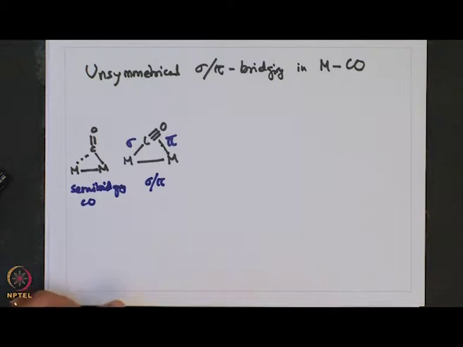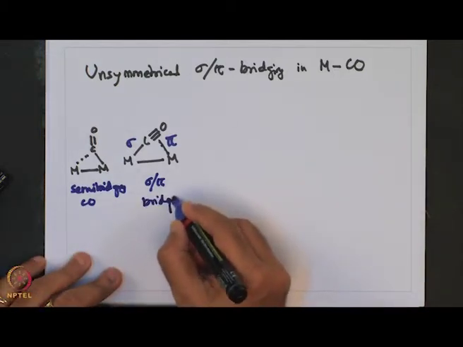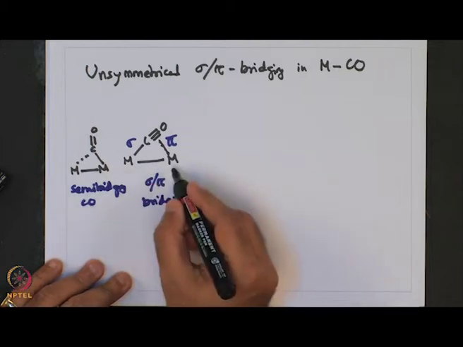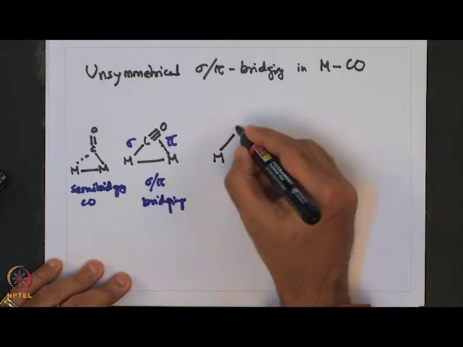There are other variants of this sigma pi bridging, which can extend from one metal center to another metal center, as can be seen over here.